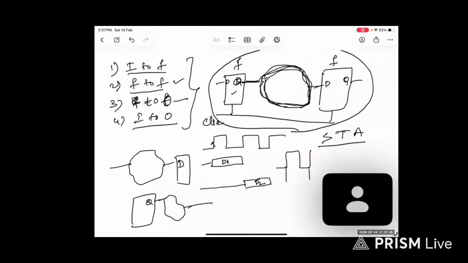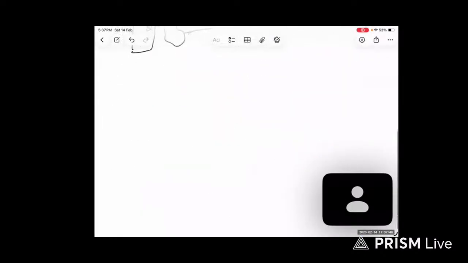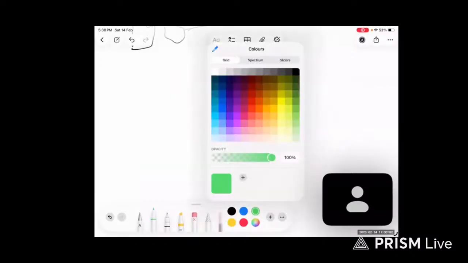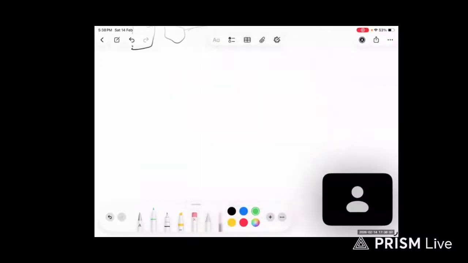How do we manage those things to get correct information at the right time at a particular block? Okay, let me share my screen.